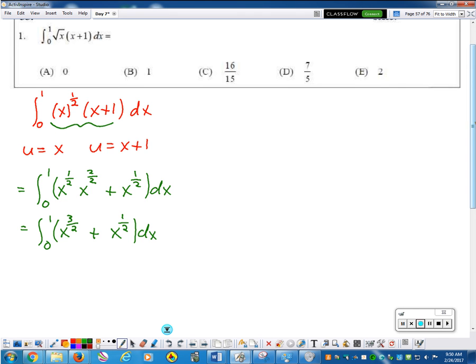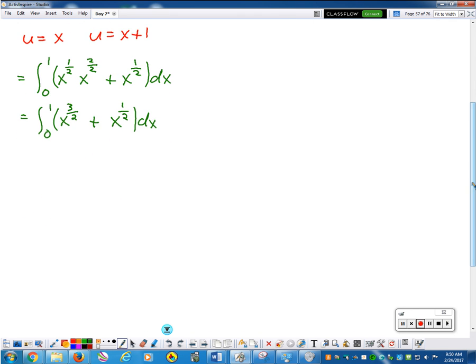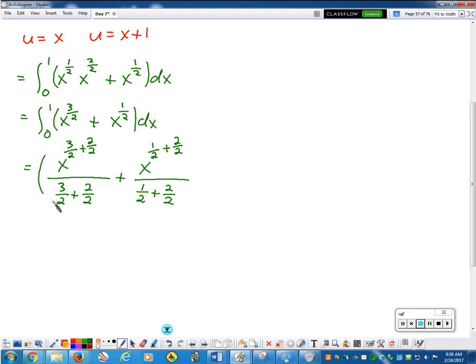So now it's time to find the antiderivative. I just use the antiderivative rule.